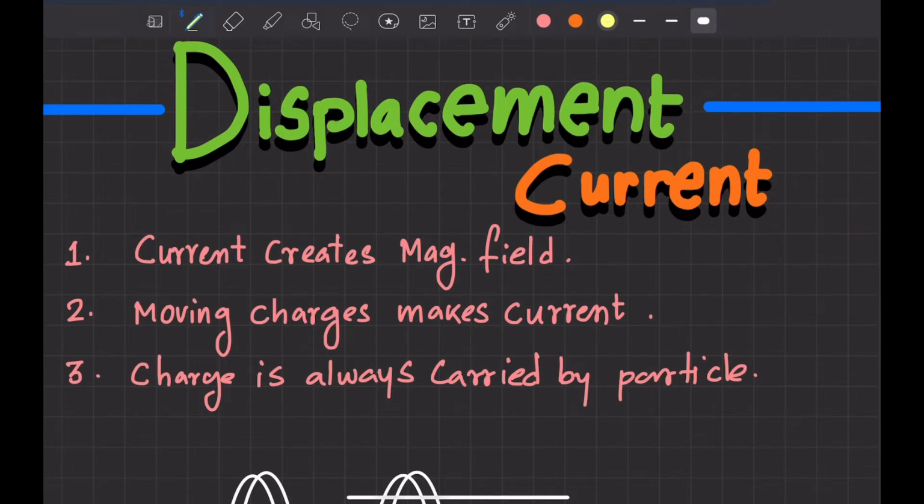Number one, current creates a magnetic field. Second, moving charges make current. And the third one, charge is always carried by a particle or matter like an electron or proton.